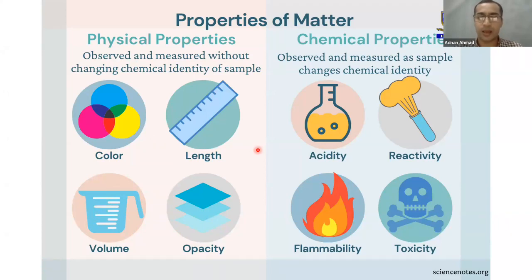An object is opaque if no light can pass through it, right? This pen is opaque. If I hold it in front of my nose, you cannot see a part of my nose. Why? Because the light cannot pass through this pen. So this is opaque, and this is also a physical property, okay?